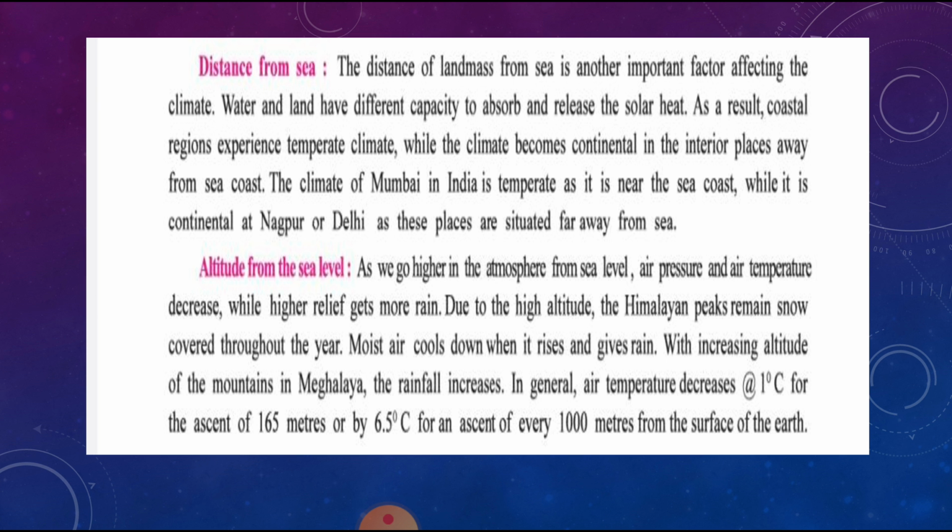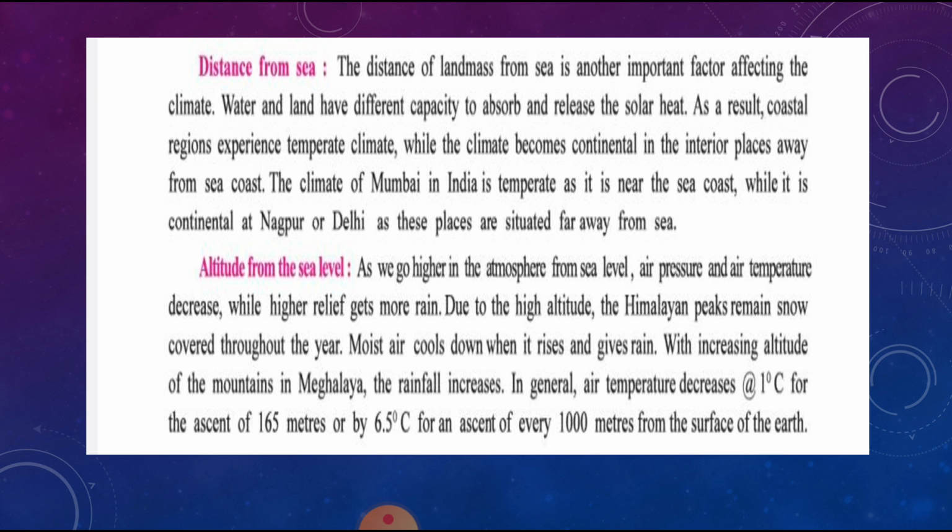On the other hand, the climate becomes continental, that is a relatively dry climate with very hot summer and very cold winter, in the interior places away from the sea coast. For example, the city of Mumbai is temperate as it is near the sea coast, while it is continental at Ahmedabad and Delhi, as these places are far from the sea.